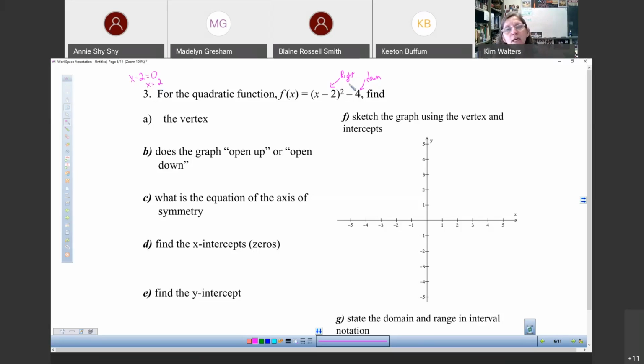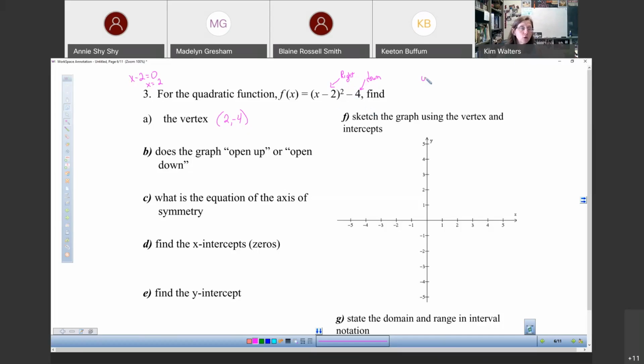So because it moves right 2 and down 4, you're like, why are we doing this? Because, guys, that's what the vertex is. The vertex is 2, -4, because it moved right 2 and down 4. If you go back and look at that formula, you pull the number that was subtracted from x and then the number here.